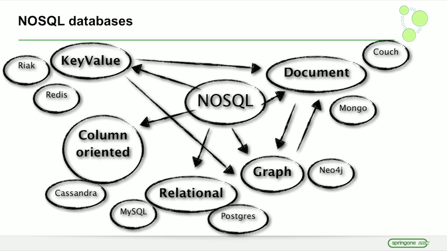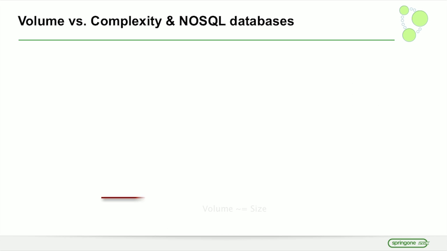It's polyglot persistence, and NoSQL is much about choice. Right? You have to consciously choose, with the knowledge that you have, which databases you want to use to build your application in the best way possible. And that's why all the stuff is there, and all of them have different attributes.